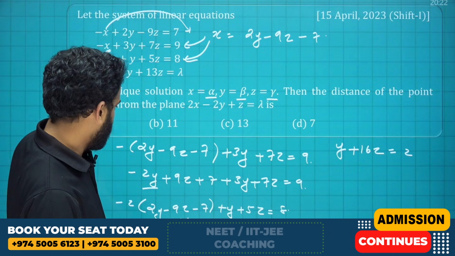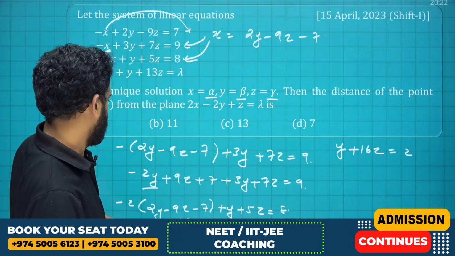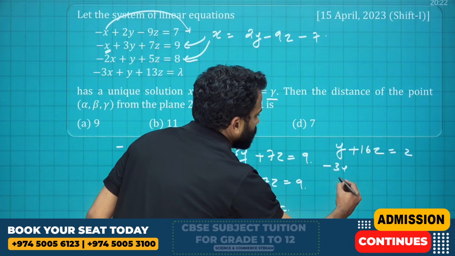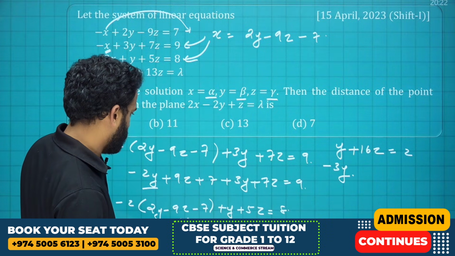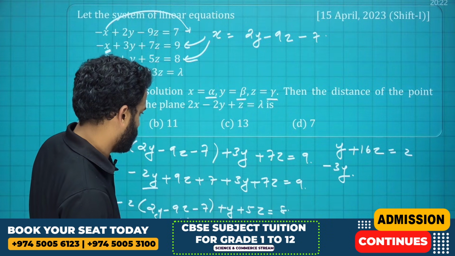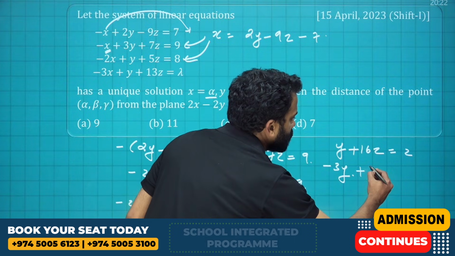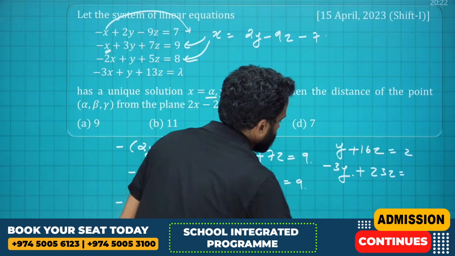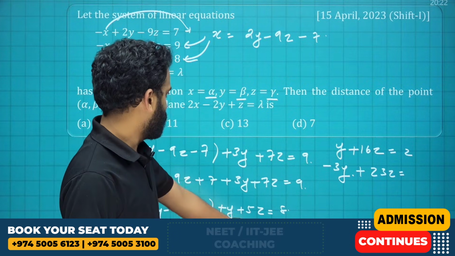So -4y + y is -3y, and 18z + 5z is 23z, plus 14, so 23z = 8 - 14, that is -6.